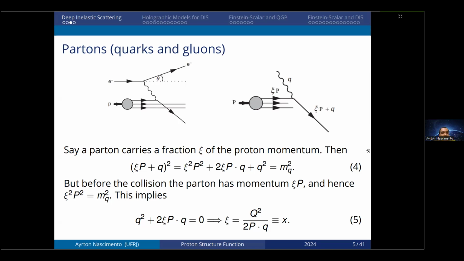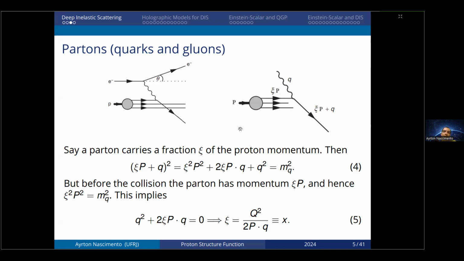This concept helped us understand what these structure functions are all about. Say that the proton is made of some particles inside of it, and the deep inelastic scattering process is a process in which the virtual photon, which is exchanged here, hits one of these particles inside the proton, and it deviates this particle.